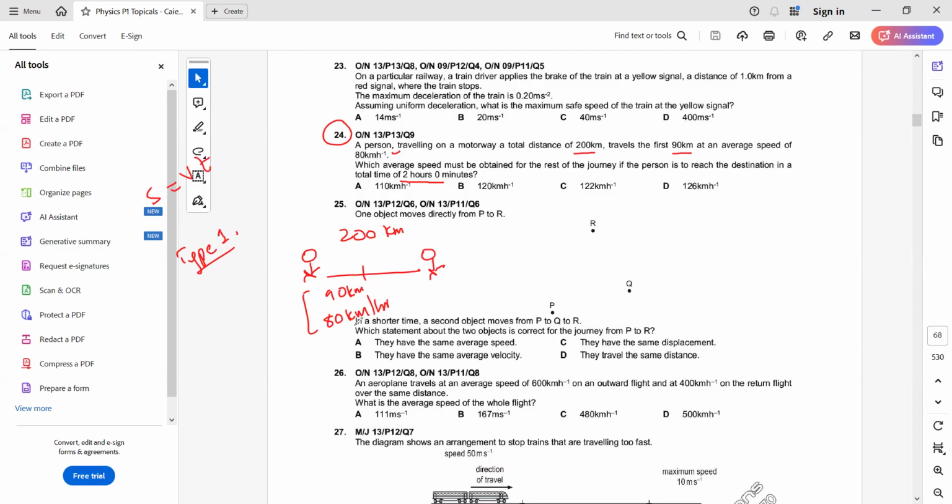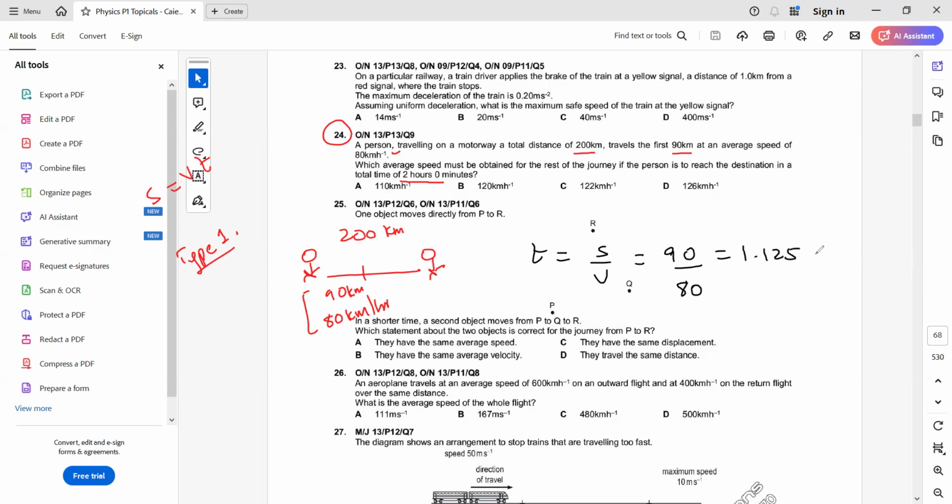So first let's figure out what time does this guy take to travel 90 kilometers of the part of the journey. So that would be t is equal to s over v. Distance he did was 90, and speed which he used was 80. So 90 over 80 comes out to be 1.125.